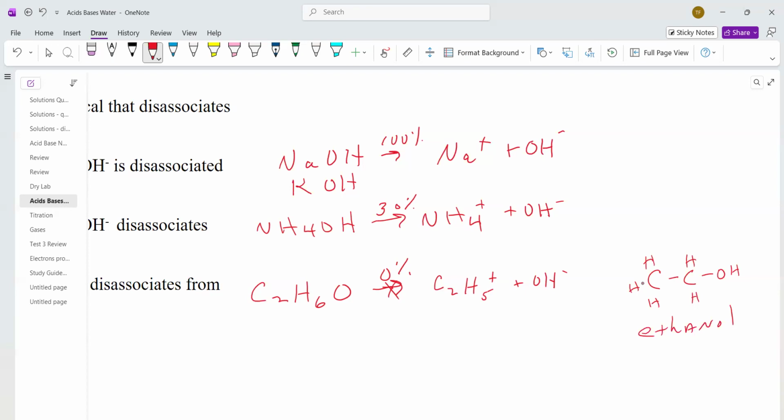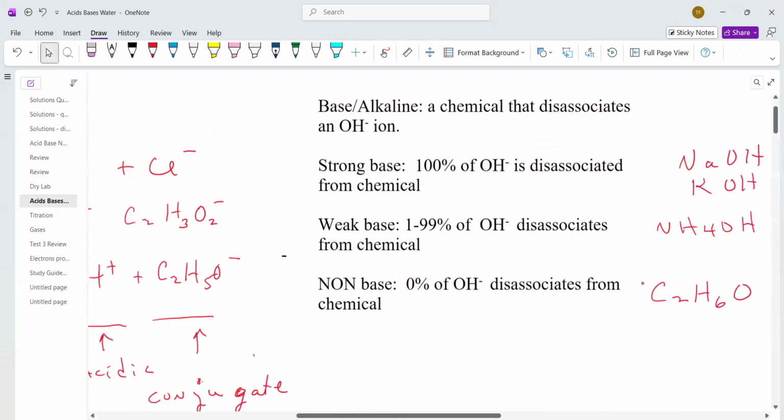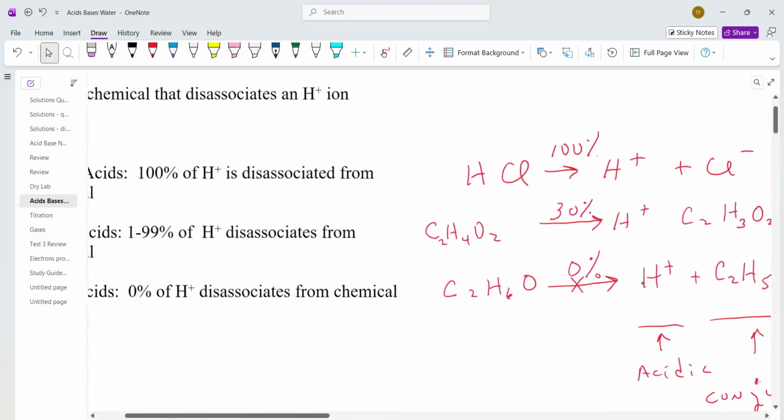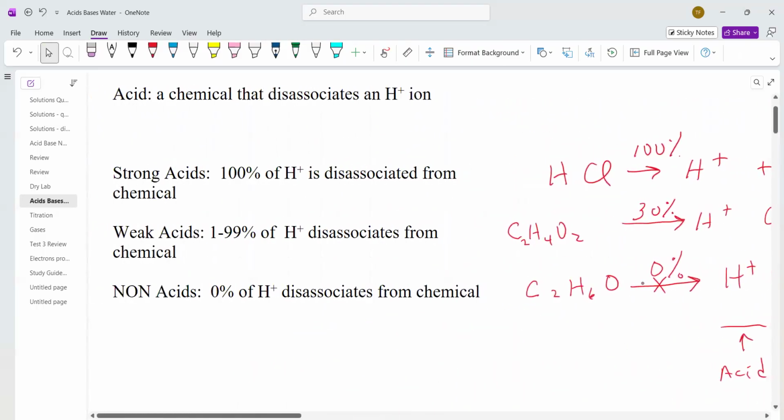Now, there's an analogous set for acids. So we have strong, weak, and non-acids. Acids dissociate an H plus ion. If 100% comes off, it's a strong acid. There are 7 strong acids in the world.